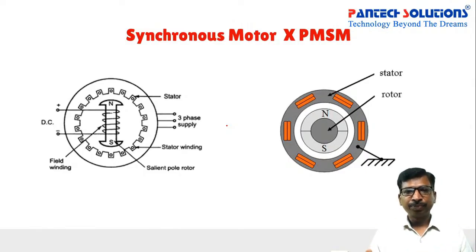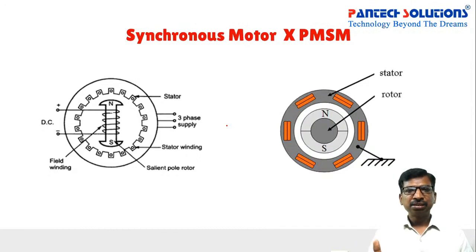But in the case of PMSM, the magnets are already there by default. So whenever you start applying voltage to the stator, the rotor will try to catch the stator magnetic field, because the magnet is already inside the rotor.